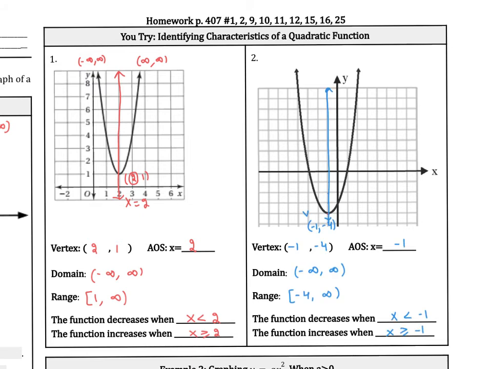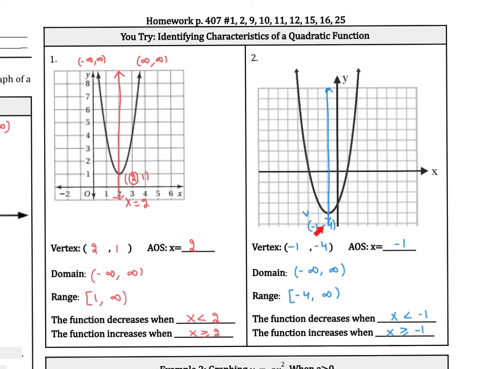For number 2, the vertex, I found this point as -1 comma -4, so that's the vertex. For the axis of symmetry, this line x equals -1. For domain, it's going to go from left to right, all the x values, so from -infinity to infinity. For range, the height of the graph is starting from -4 and is going to go up and up and up, so -4 to infinity.